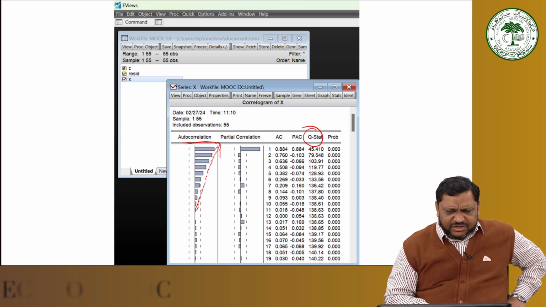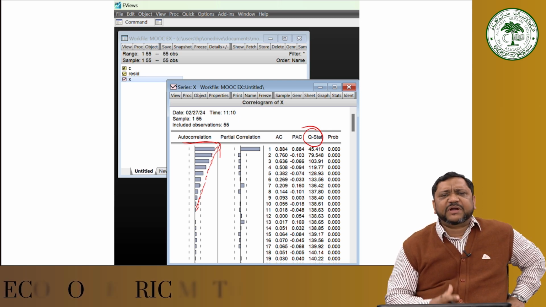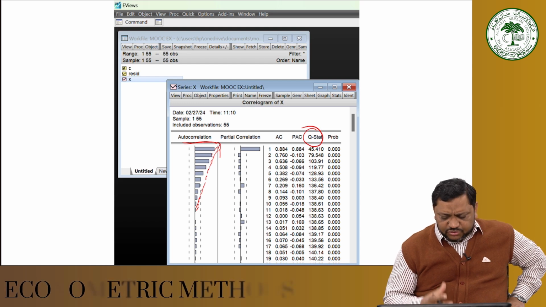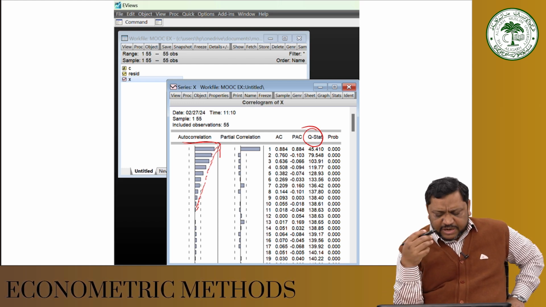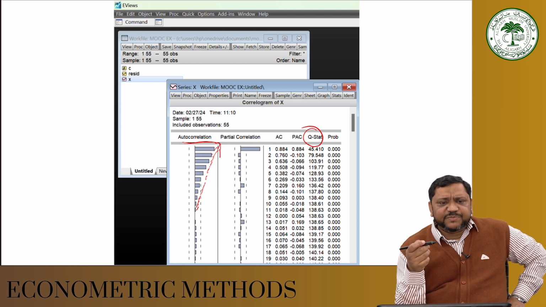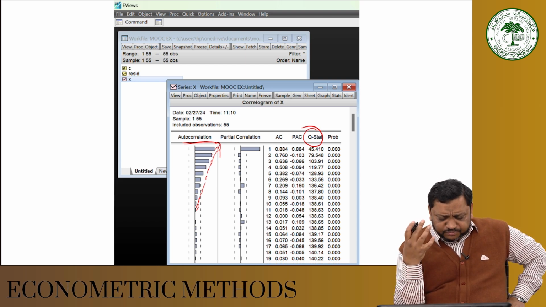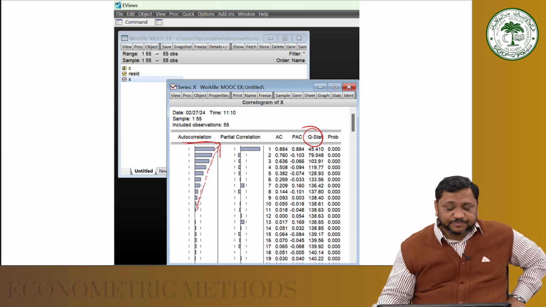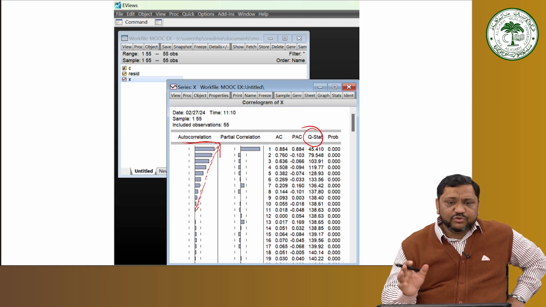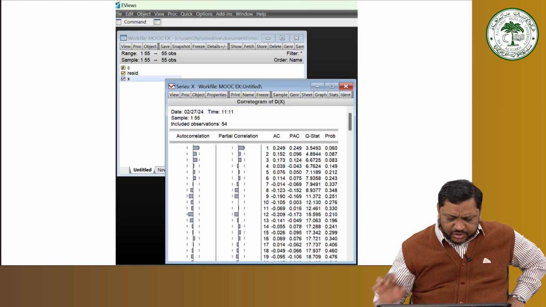Although it needs two things: it needs expertise to say whether it is stationary, because there are rules but many a time it can be confusing, and still it is not an exact measure.